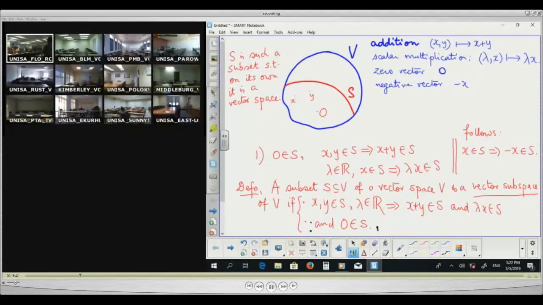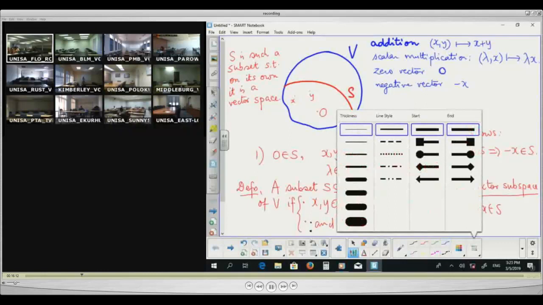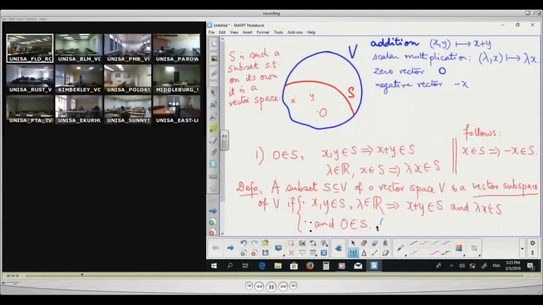Right? So the only effect of this statement, the role of this in this definition, is to ensure the subset is not empty.